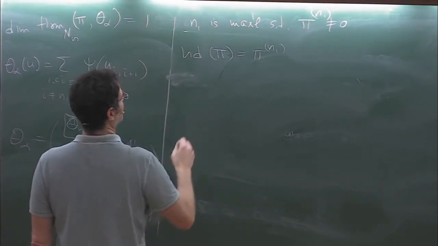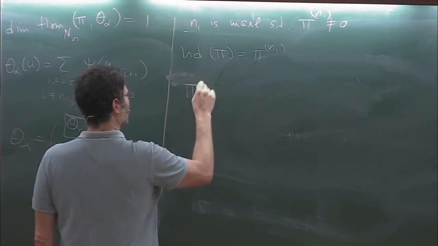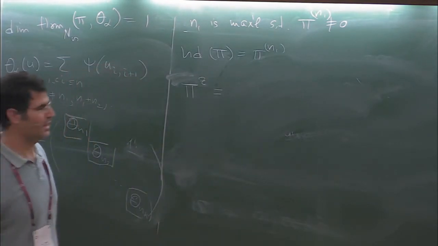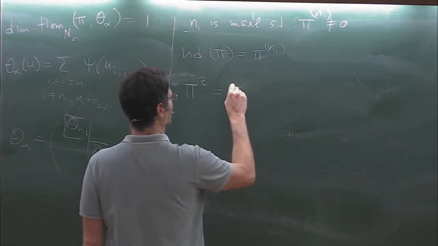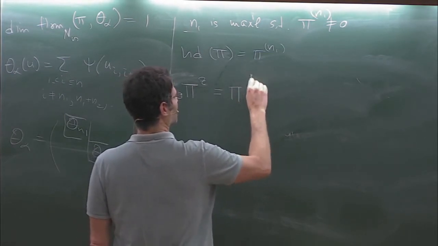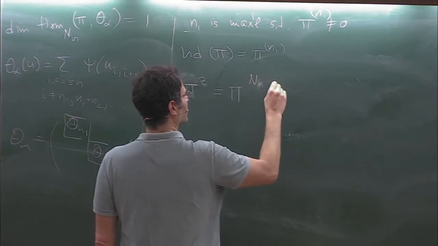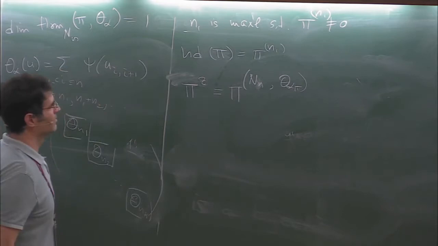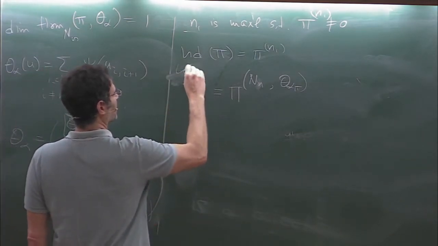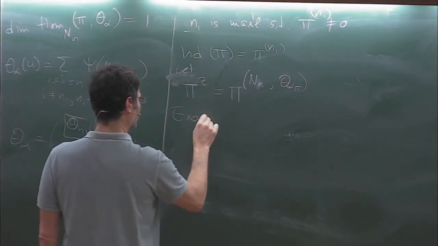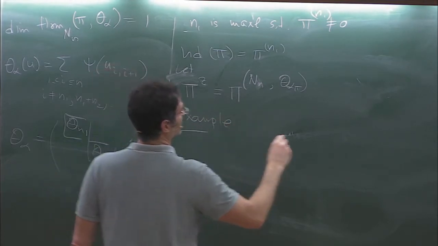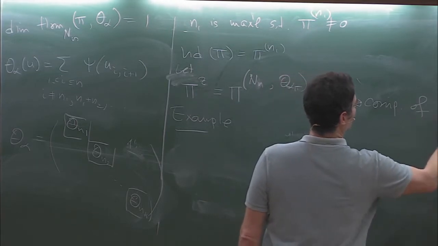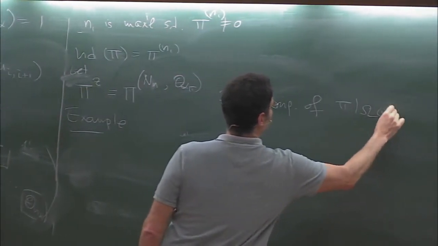So in this case, I would like to call the distinguished component of the restriction of pi to SLN the Zelevinsky component, and I'll denote it by pi_Z. Okay, so this is the Zelevinsky component of pi restricted to SLN.